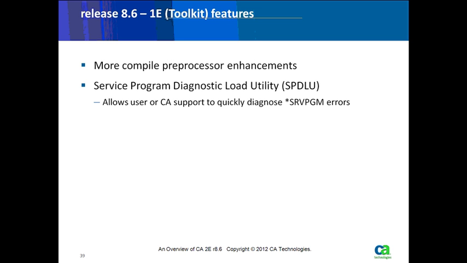As people implement test fixes and PTFs over the course of the coming releases, it'll enable CA support, or indeed you, to quickly say, oh, I'm using an outdated version of a service program in an old library. So it should pick up things like library list errors that customers sometimes have if they've got a number of different fixes or copies of objects in different libraries.